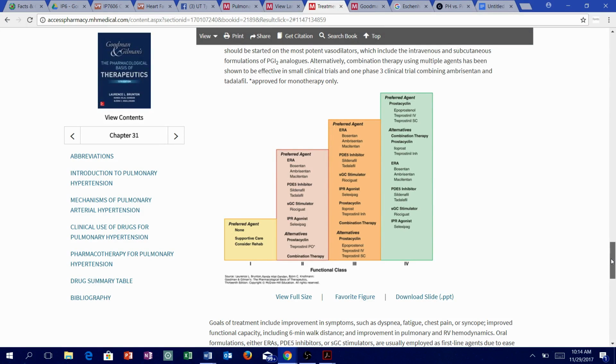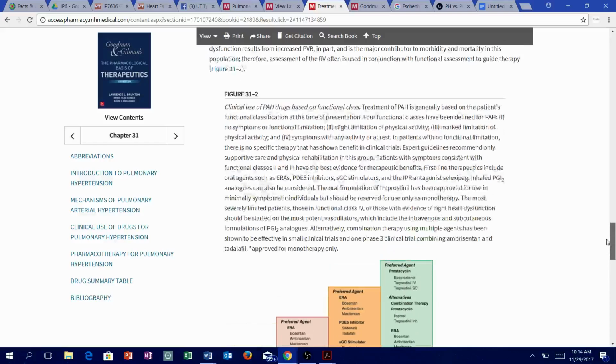What are the subgroups of pulmonary artery hypertension?